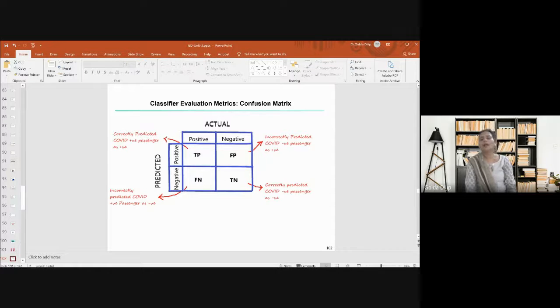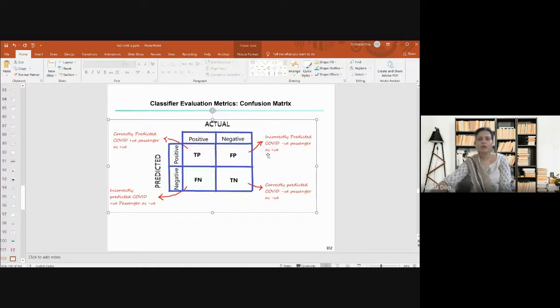Whatever I have told just now, the four outcomes you can see here, for better visualization of the performance of this classification model, are plotted as a confusion matrix. You can see four cases: true positive and true negative, correctly predicted as positive and correctly predicted as negative.